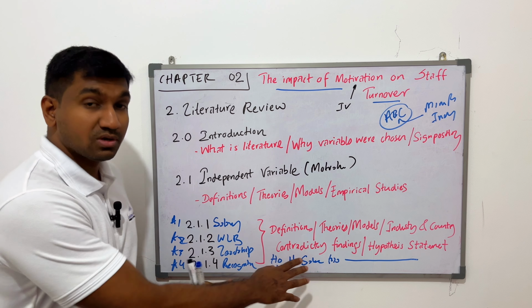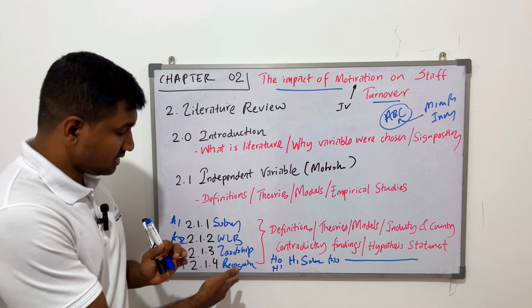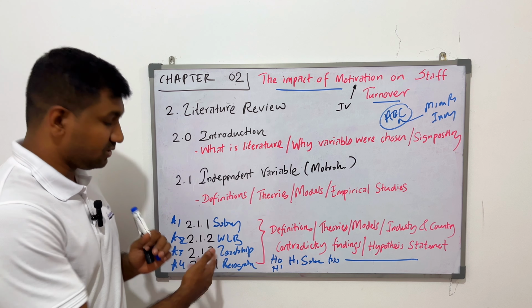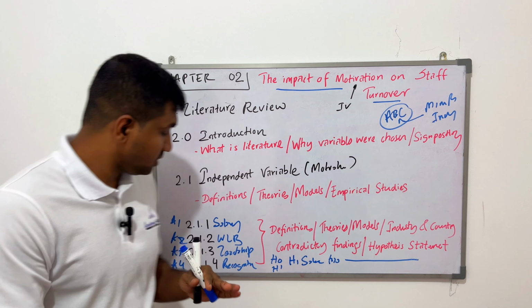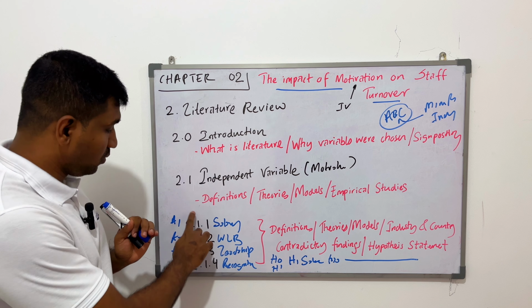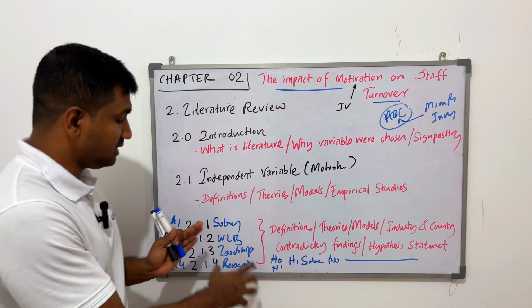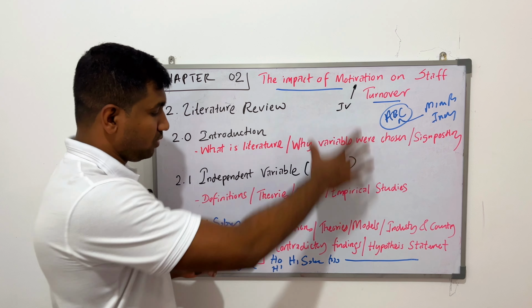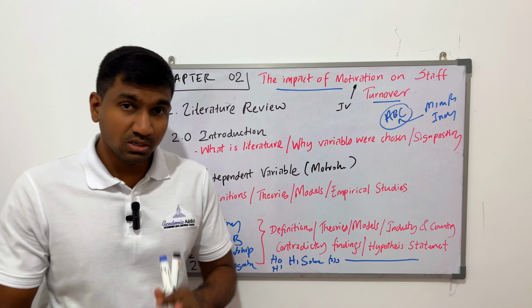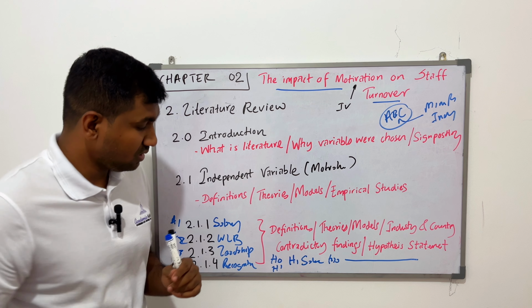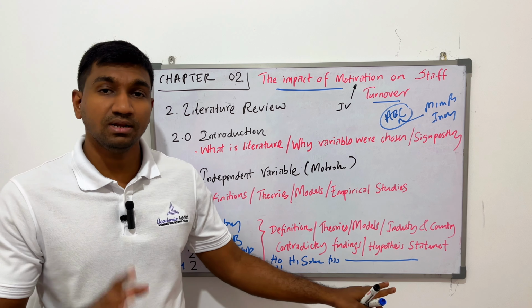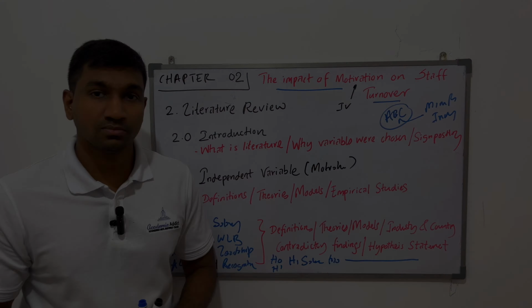So likewise, you need to have four statements under each attribute. So that is about your 2.1. These are subsections of 2.1 independent variable because these are also part of motivation. So remember that, you have to have a hypothesis statement under each attribute.